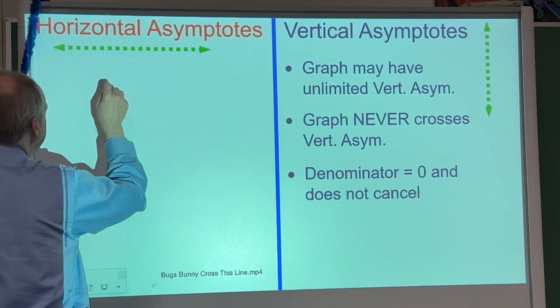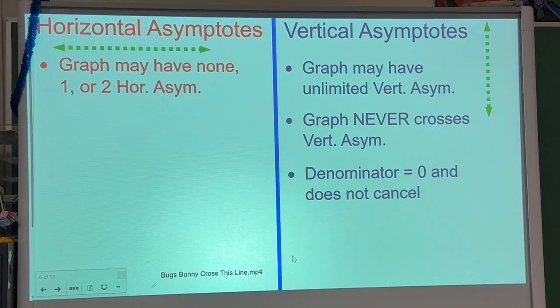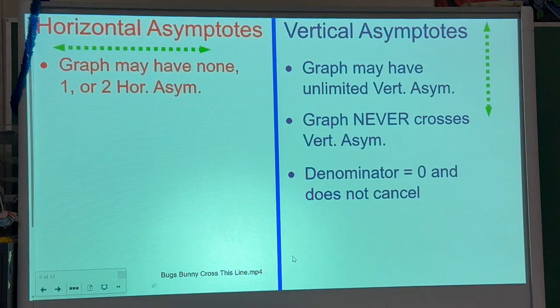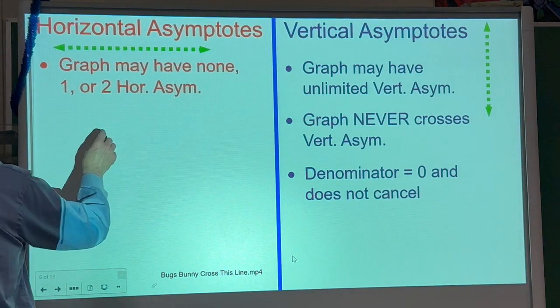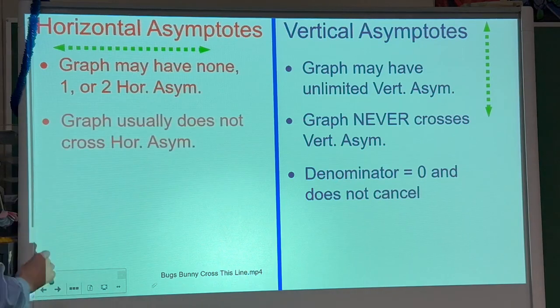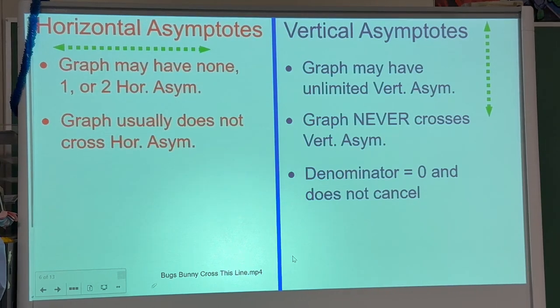Whereas a horizontal asymptote, there's a maximum of 2. You might have 1, you might have 2, you might not have any at all. Parabolas don't have any, lines don't have any. A graph will usually not cross a horizontal asymptote. Well, usually means sometimes it will, sometimes it won't.